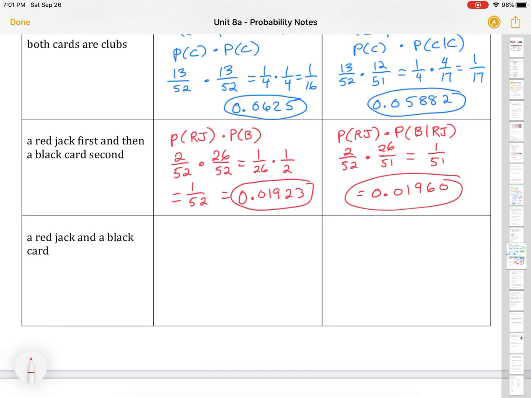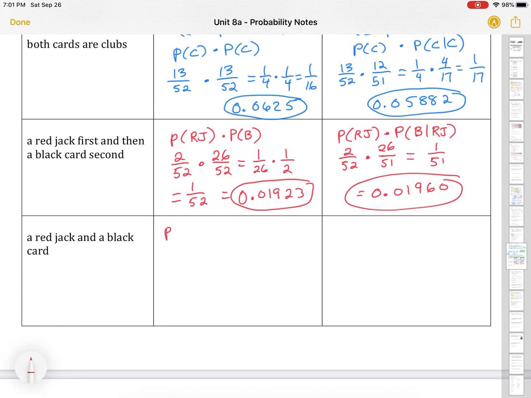Let's check a red jack and then a black card. So here, the important thing is that in the first situation we said a red jack first and then a black card second. Here we're going to look at our order.